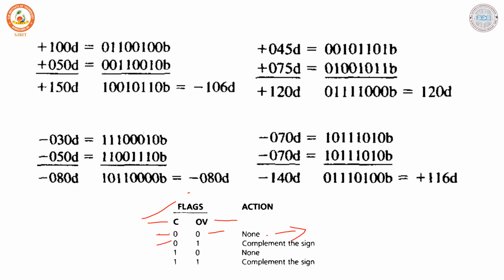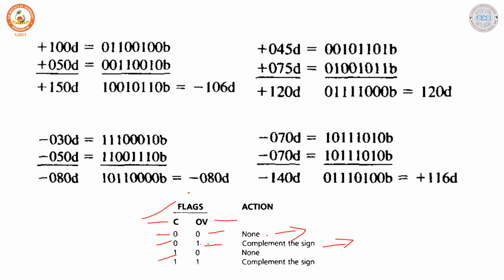But when the carry flag is 0 and the overflow flag is 1, we are going to complement the sign of the result. That means if the overflow flag is 1, the sign is complemented, for example plus becomes minus and minus becomes plus.